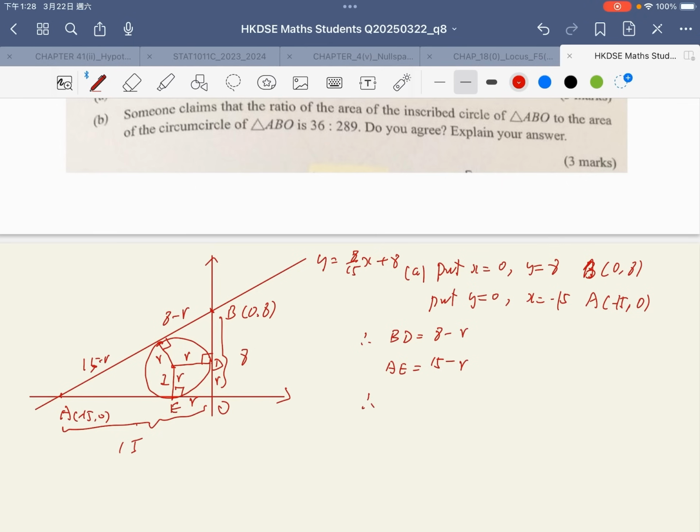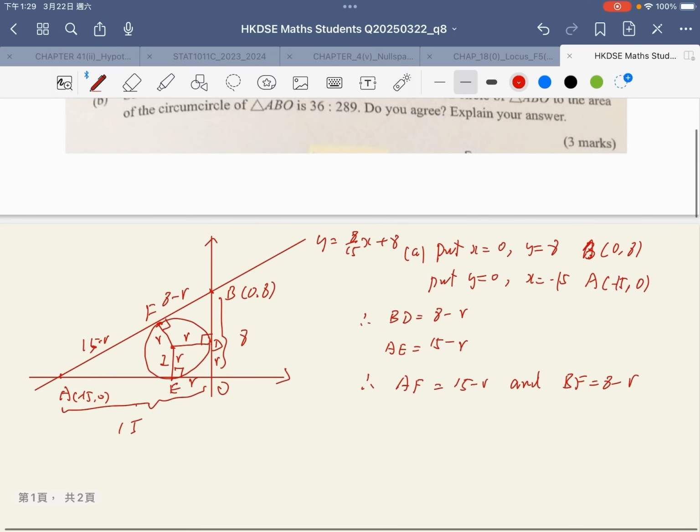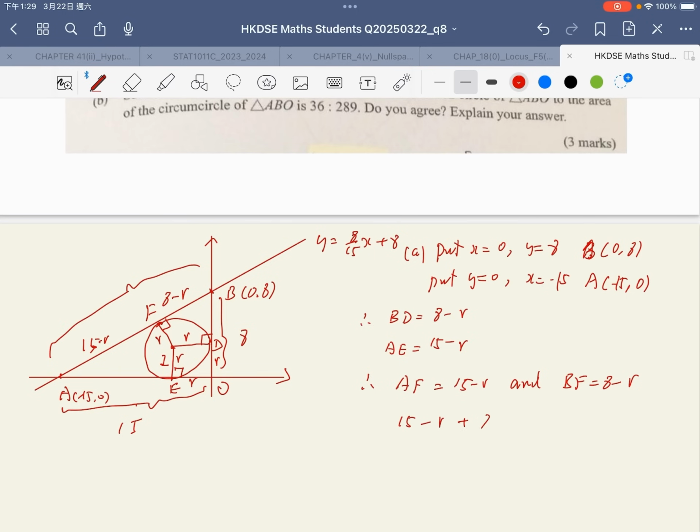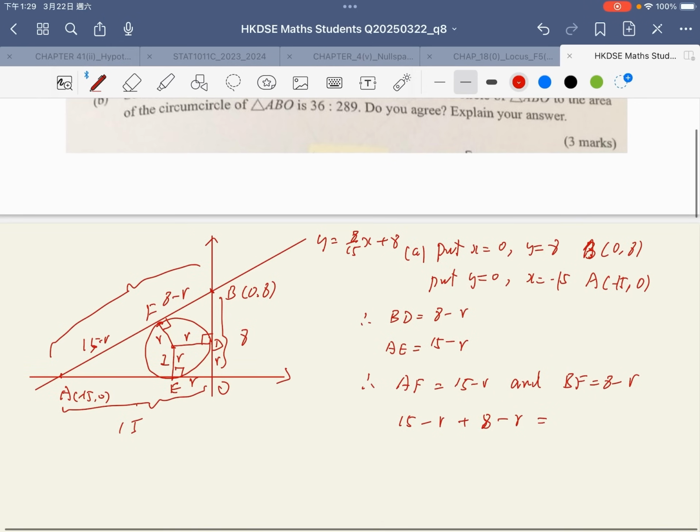Therefore, I name this A, B, C, D, F. AF equals 15 minus R, and BF equals 8 minus R. Then the total length of this AB should be equal to 15 minus R plus 8 minus R. But on the other hand, you can calculate by using the Pythagorean theorem.